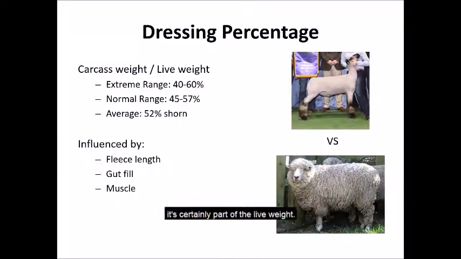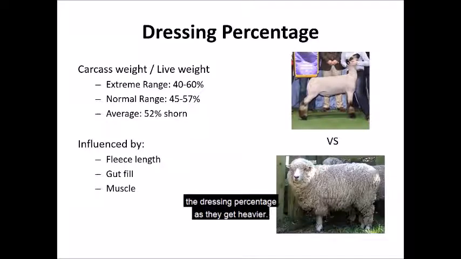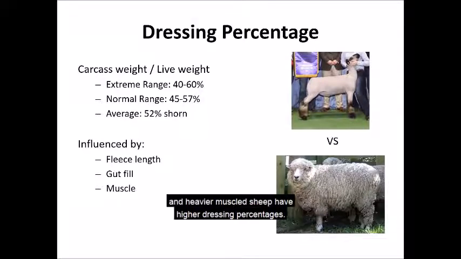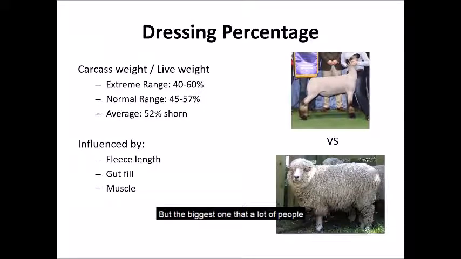It's not on the carcass. It's certainly part of the live weight. Those two things are going to decrease the dressing percentage as they get heavier. Muscle also drives dressing percentage, and heavier muscled sheep have higher dressing percentages. But the biggest one that a lot of people don't fully realize that drives dressing percentage up is fat.